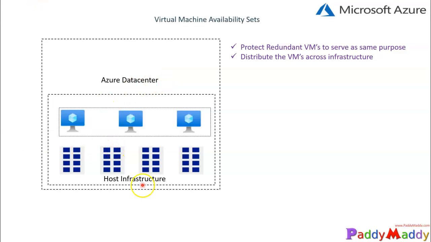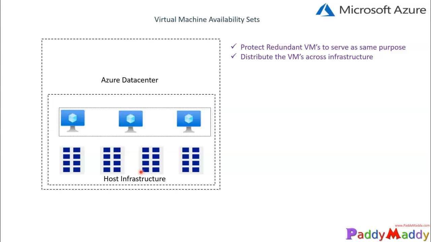So within that, instead of being on a single piece of infrastructure, we can distribute our virtual machines across different infrastructure, and hopefully we won't go offline at the same time, because a fault may happen at a single piece of infrastructure.